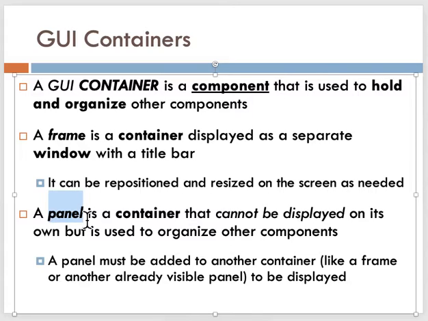So you can put these stickers on it, and the stickers consist of visible components like buttons and text boxes. And then you can add that panel, or that invisible glass pane, to another container like the frame, or to some other already visible panel that you have, and then it'll display those elements that are stuck onto it.